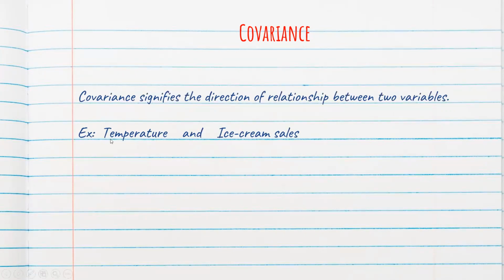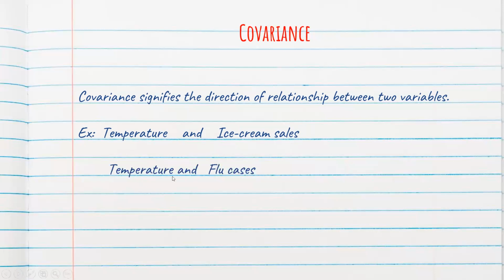Exactly. Whenever the temperature increases, the ice cream sales also increases. Whenever the temperature decreases, the ice cream sales decreases. So I can say in summer, the ice cream sales would be higher, right? In rainy season or in winter, it actually decreases.